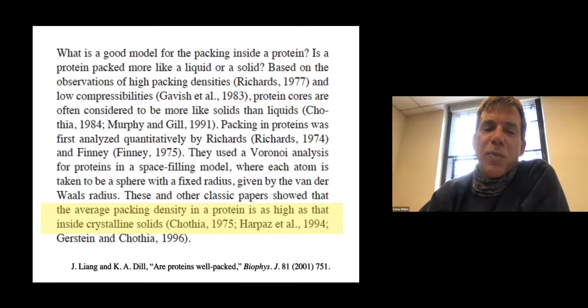So most of space is containing atoms. And so my question that I want to answer today, and I think it has implications for protein structure and computational protein structure prediction, is why can that not be true?